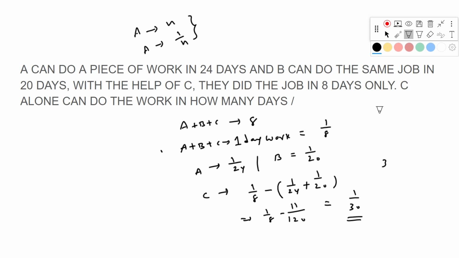That is 30 days, right? C alone can do the work in 30 days. Just reverse of this rule: he can do this work in 1 day, that is 1 by n, so he can do the work in n days, that means 30 days, right?